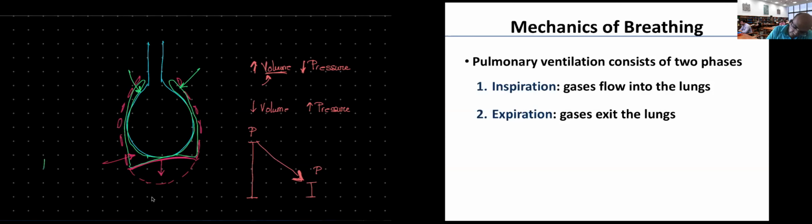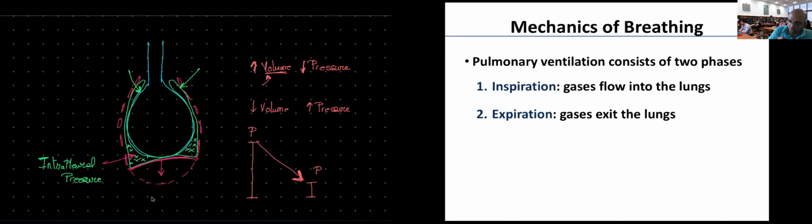It's my intrapleural pressure. If you remember, the space between the visceral layer and the parietal layer of the pleura is creating a vacuum. So I have a negative pressure between the two layers.